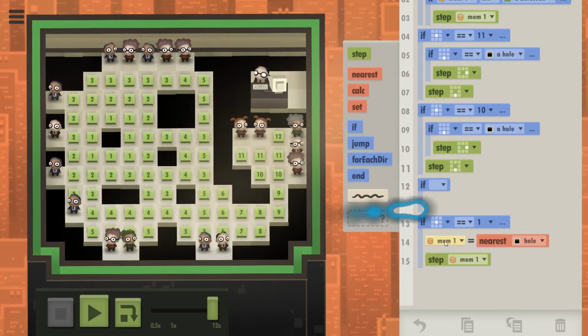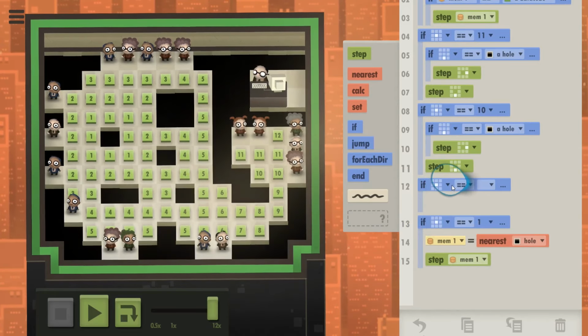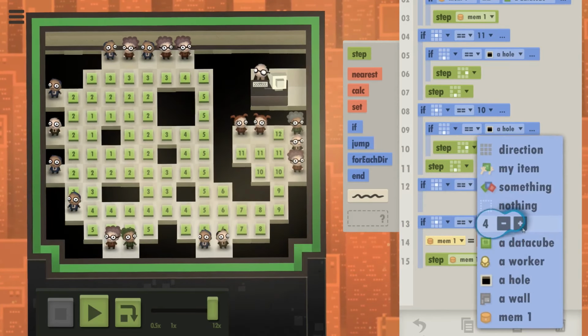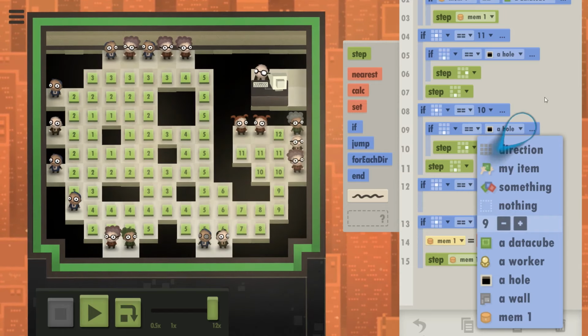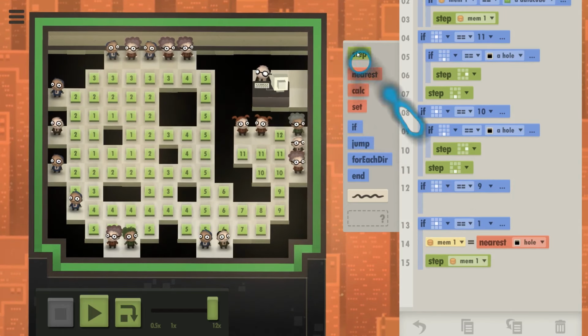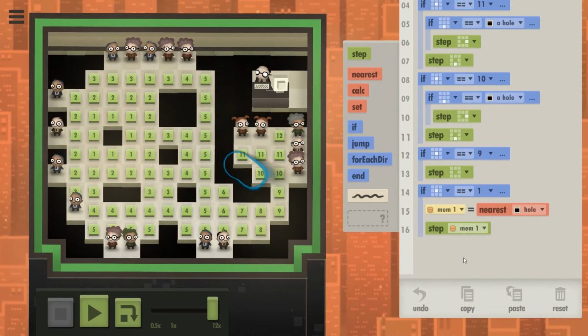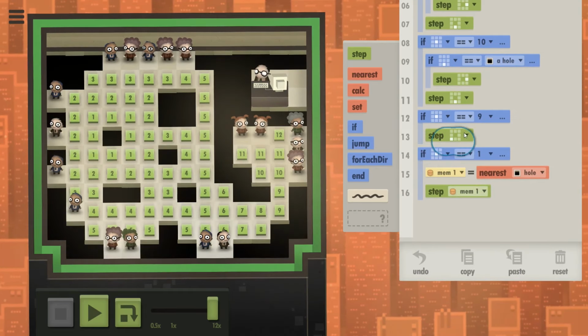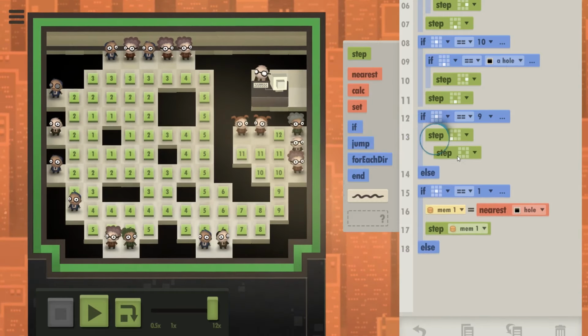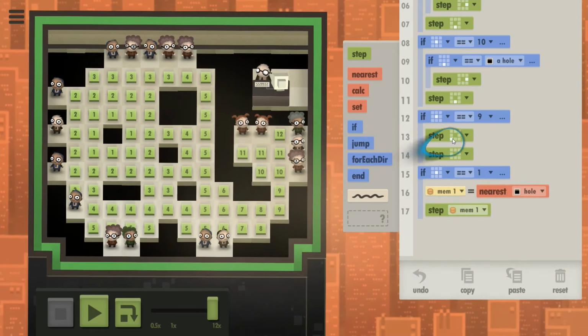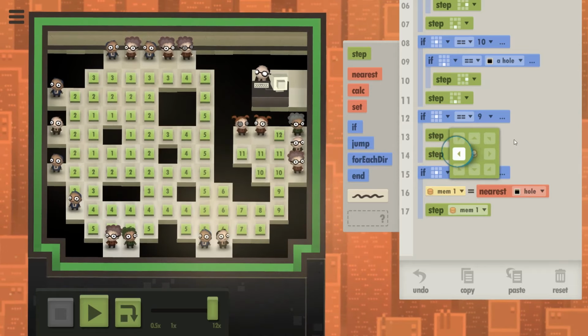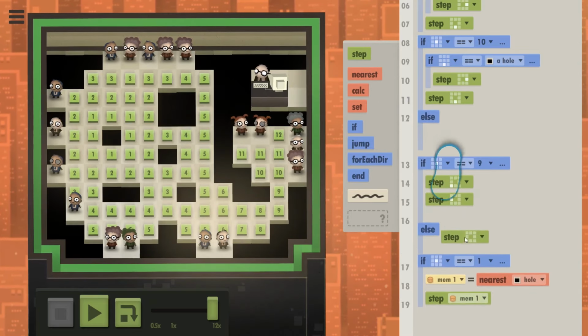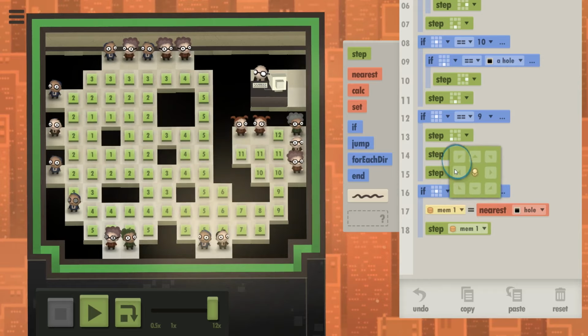So, if your current is 9, you are going to do a bunch of stepping because you are always there. So you're going to step down to the right. You're going to step to the left. You're going to step up.